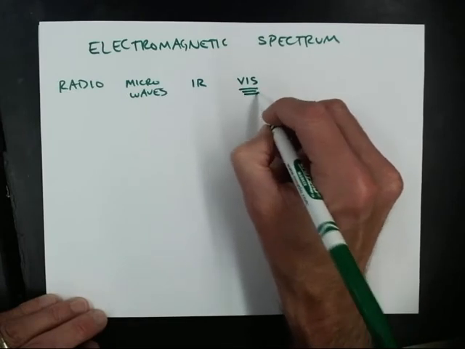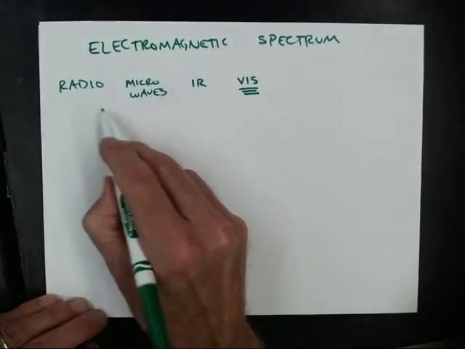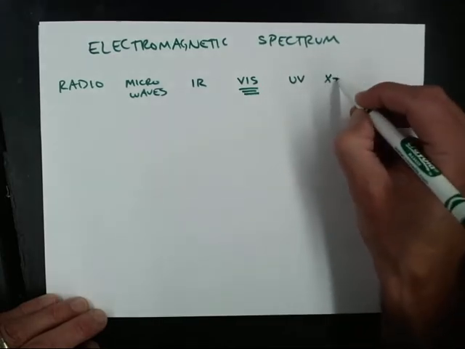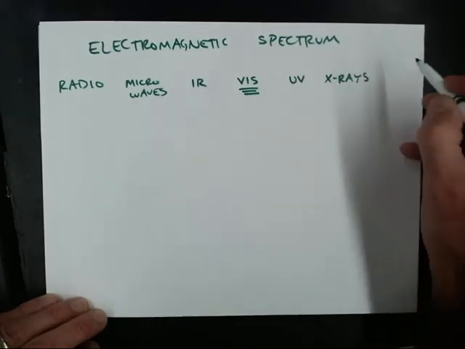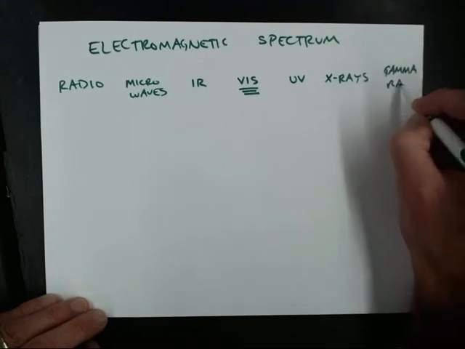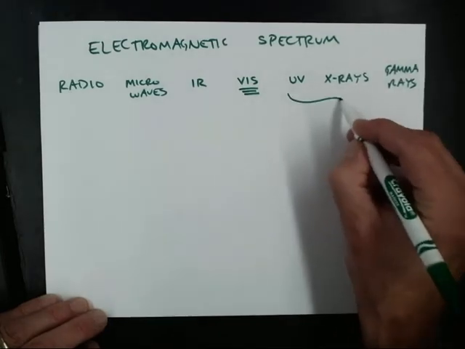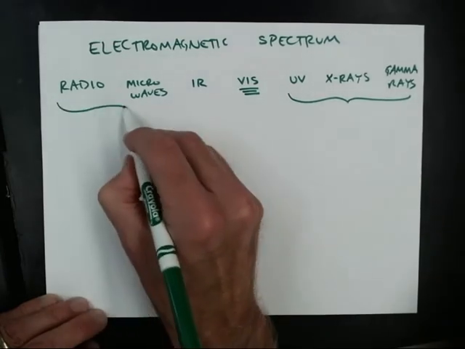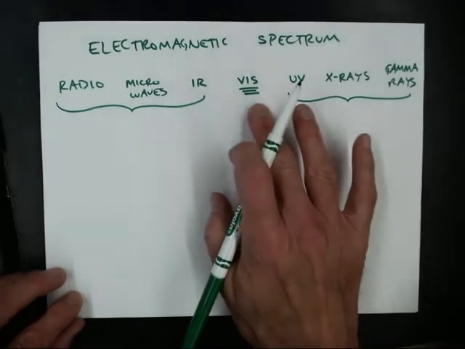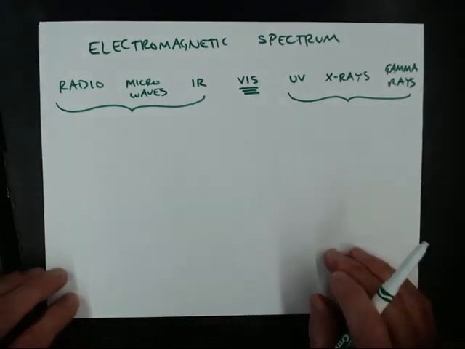Visible light, this is the light that we can see. Then we have ultraviolet light, X-rays, and gamma rays. These types of light here and these types of light here are types of light that we cannot see. Of course, we only see visible light.